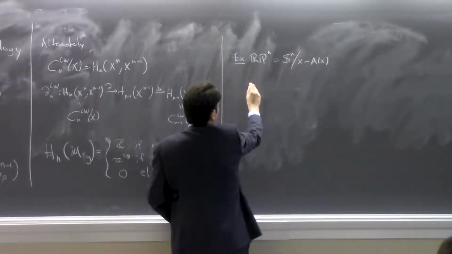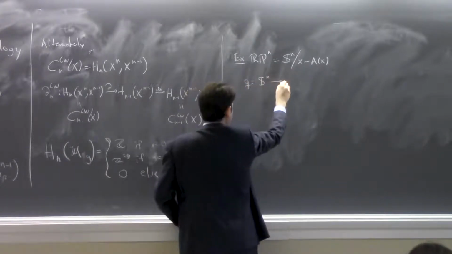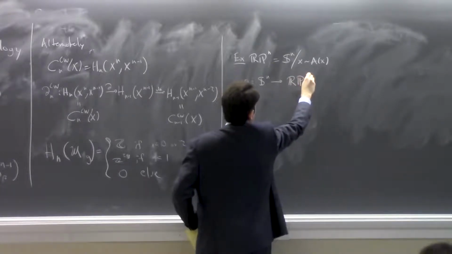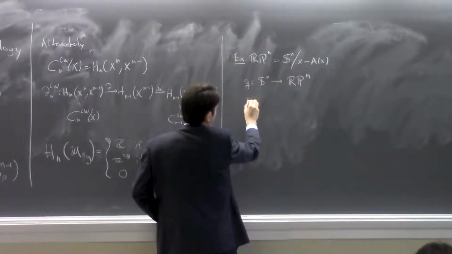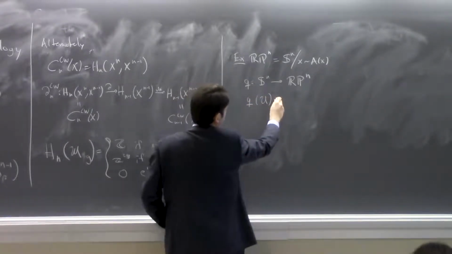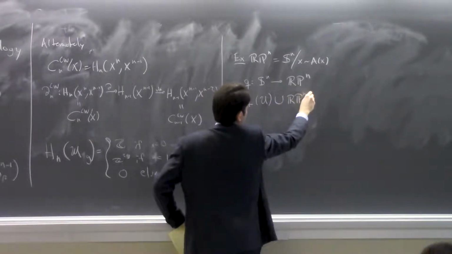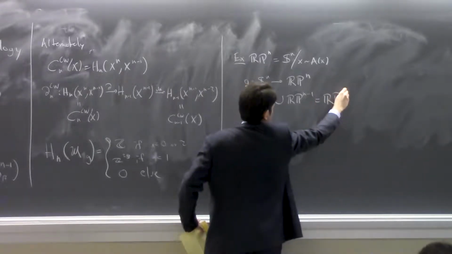So we notice that if you have the quotient map, then you can view the, say, the upper hemisphere union RPn minus 1 is RPn.